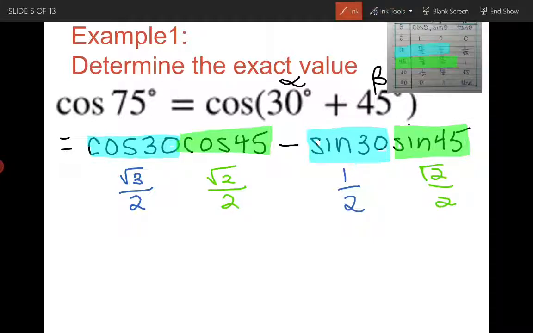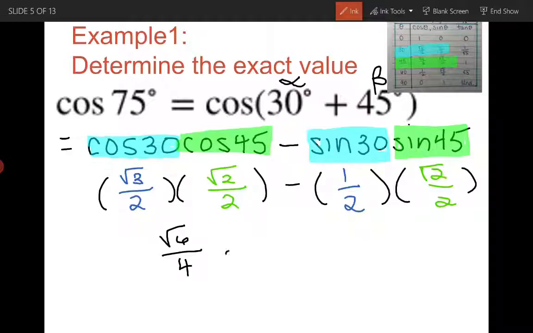Once I substitute those values in, I can just use algebra. So I multiply across, and I get the square root of 3 times the square root of 2 is the square root of 6 over 4, minus the product of 1 times 2, which is radical 2, over 2 times 2, which is 4.